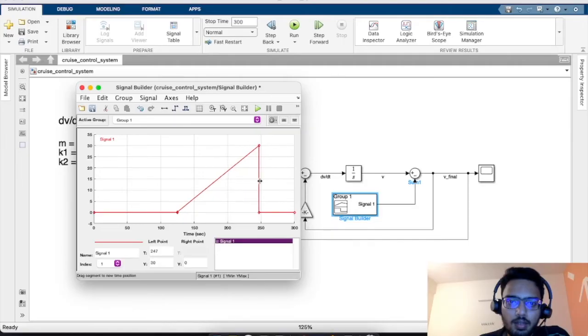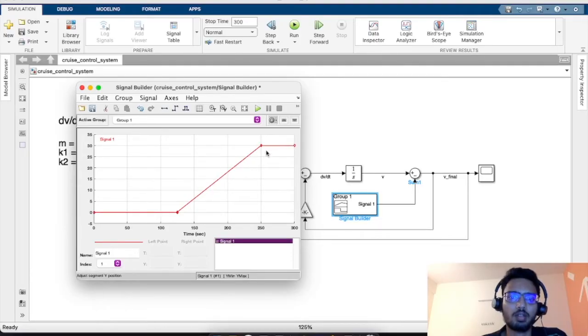Let's say we make this time up to 250 seconds, so this V is increasing right from 125 to 250 seconds. So it means that the upward slope on which the vehicle is moving is also increasing. And then at 250 seconds, let's say we want our slope to remain constant. So here still there is a slope, because this V has a particular fixed limit of 30, and the only thing is that this 30 remains constant after 250 seconds. So the slope is still there, but that slope becomes constant after 250 seconds.